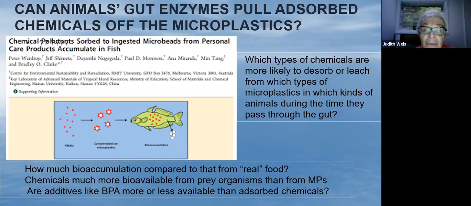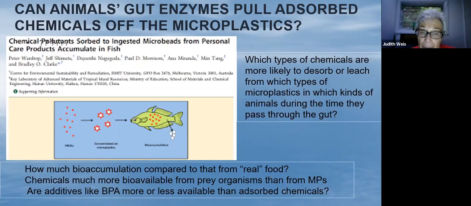A basic question we need to ask is, which types of chemicals are more likely to get released from which types of microplastics in which kind of animals during the time that it passes through their digestive system?